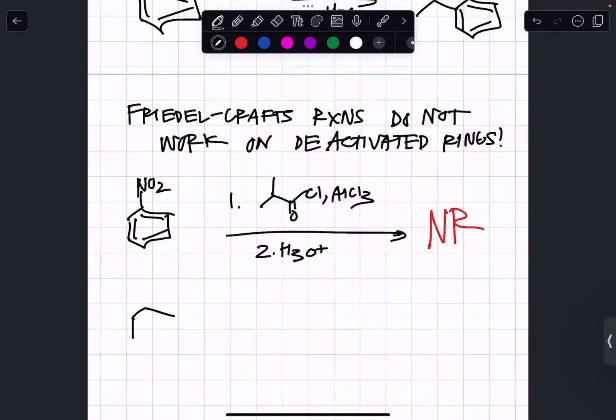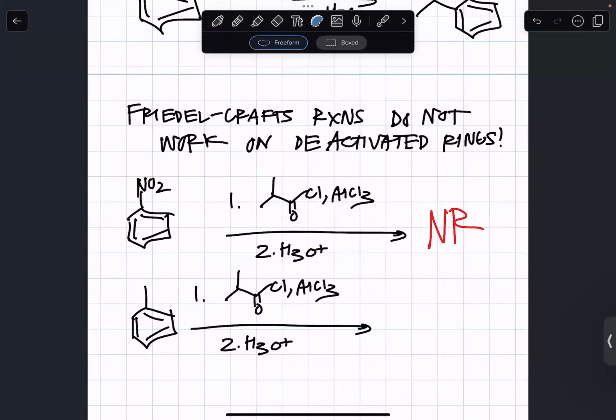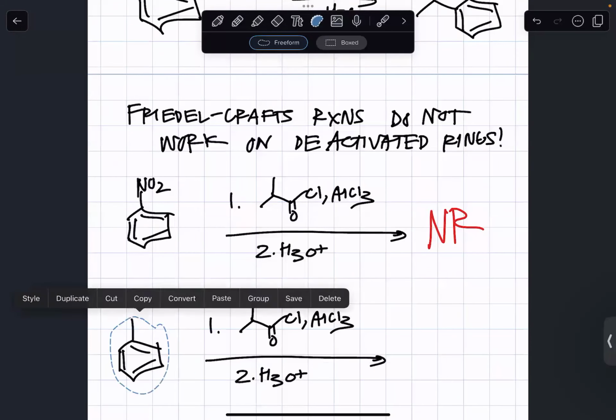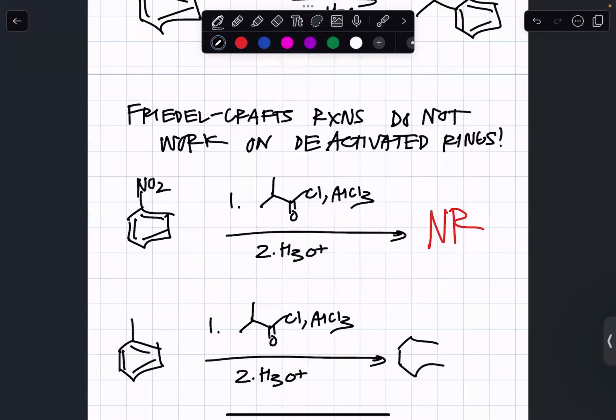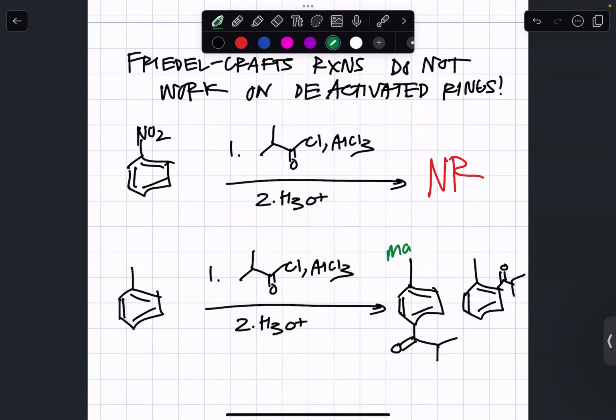But if you have this, and you do the same reagents, then you're going to get these, where this is major, this is minor, right?